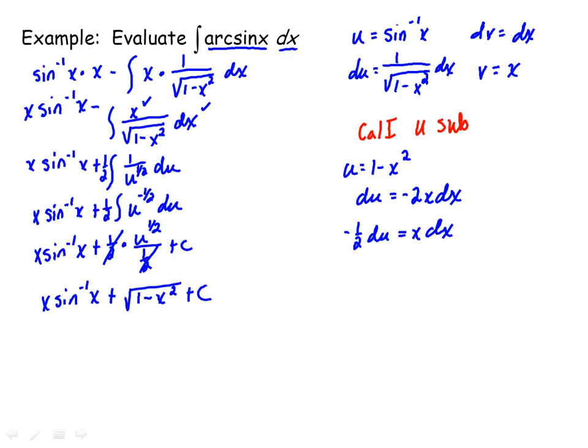For example, if you wanted to use that sine inverse integral from chapter 8, you're going to have to get rid of that x somehow or another. So when you rewrite it as x over the square root of 1 minus x squared, it should be evident that you don't have that inverse sine integral from chapter 8. Because that says 1 over the square root of 1 minus x squared, not x over. So it's your substitution. It's just basically substitution. And if none of that works, then yes, you're going to have to do a second integration by parts.